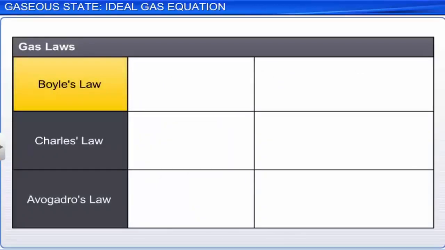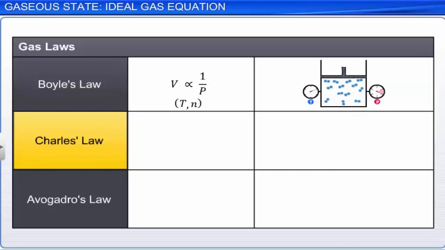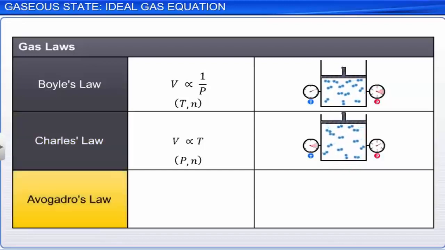It states that volume is inversely proportional to pressure at constant temperature and number of moles. Charles' law describes the relationship between temperature and volume. It states that volume is directly proportional to temperature at constant pressure and number of moles. Avogadro's law describes the relationship between volume and number of moles. It states that at constant pressure and temperature, the volume of a gas is directly proportional to the number of moles present in the gas.